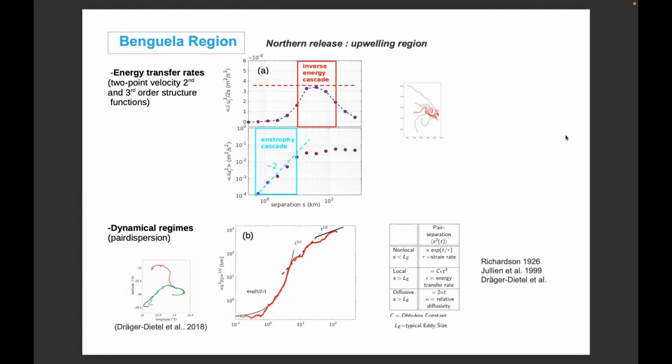Then there's the t-cubed law, the famous t-cubed law of Richardson. Here we have 2/3 because we took the root. And finally, if the distance is larger than the typical or largest eddy, then we have a diffusive system, so it's quadratic. And we can go with this energy transfer rate into the formula of Richardson, and we get C, which is close to the one measured in the laboratory.